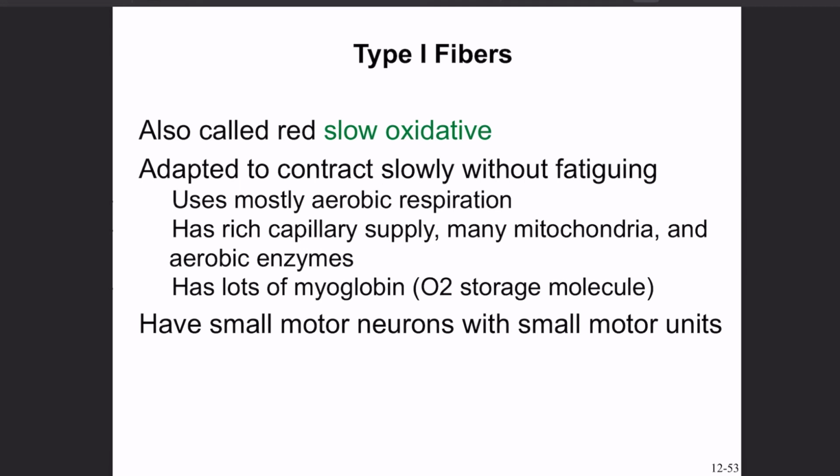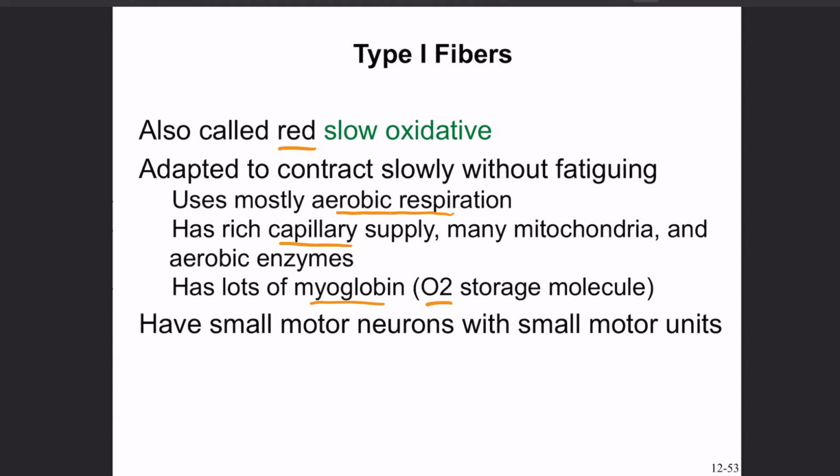So type 1 fibers are slow oxidative. They are also characterized as being red, and they're red because they use a lot of aerobic respiration. If they use a lot of aerobic respiration, they require a lot of oxygen, they have a lot of myoglobin in them, and they require blood flow because they require so much oxygen.